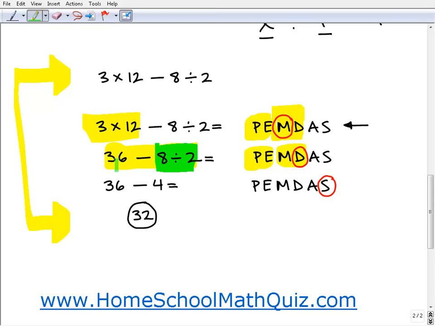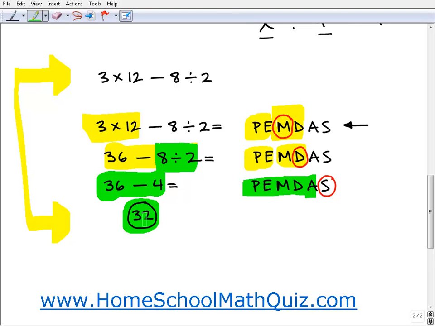So we end up with 36 minus 8 divided by 2 is 4. So 36 minus the result of doing the division, 8 divided by 2 is 4, and now this is our new problem. And that's pretty straightforward. If you go through our checklist again, we see that the only thing we have left to do is subtraction. And when we subtract 4 from 36, we end up with 32.